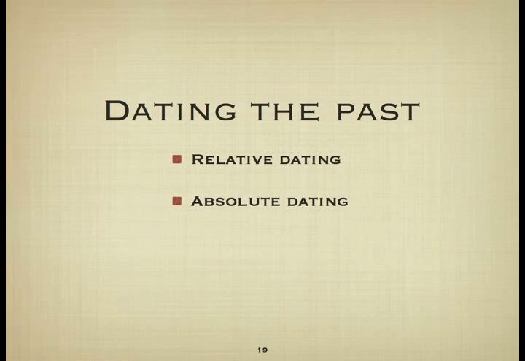So now we're going to switch to dating the fossil record, because finding dates is actually very, very important in putting together a composite idea of what the fossil record looked like. So you can imagine that fossils and their context in time are a big part of what a paleontologist does.